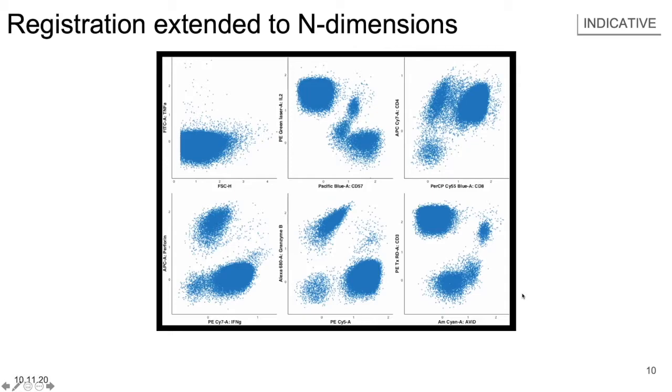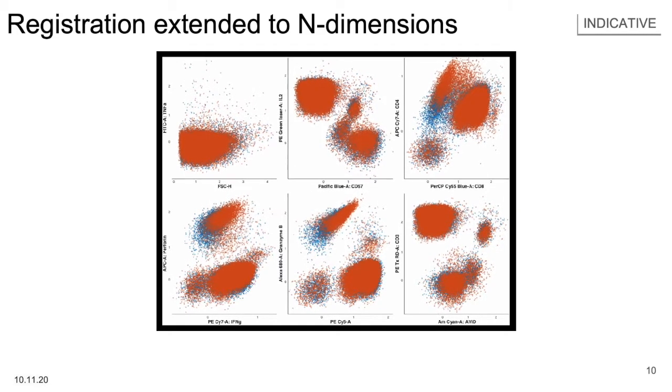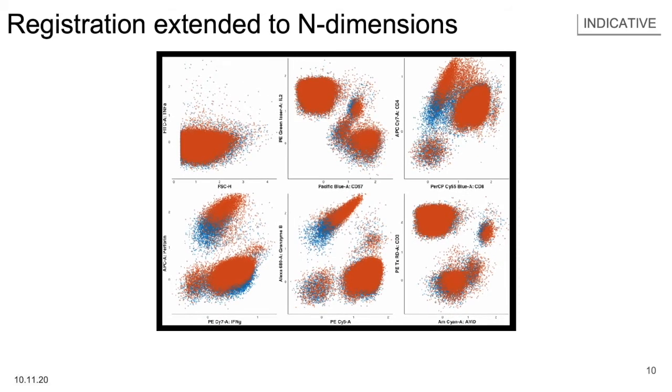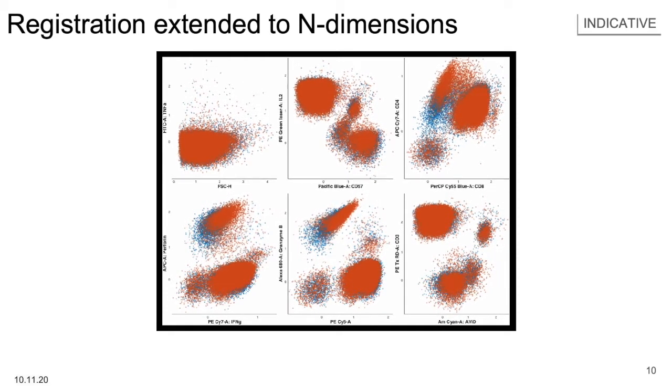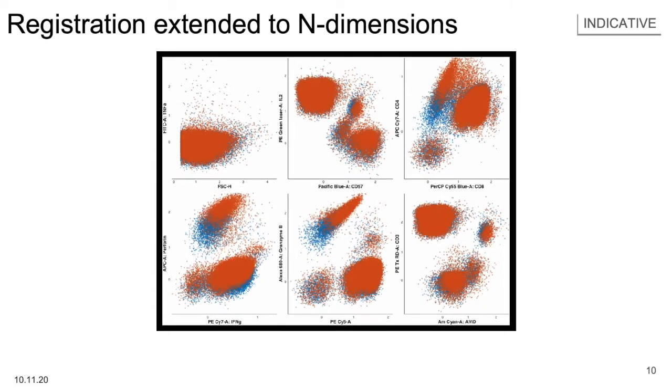The blue sample is our target, and the orange sample is our test sample. You'll see that the test sample starts initially very misaligned, and over time, through many iterations, the mapping will register the misaligned clusters towards the target sample.